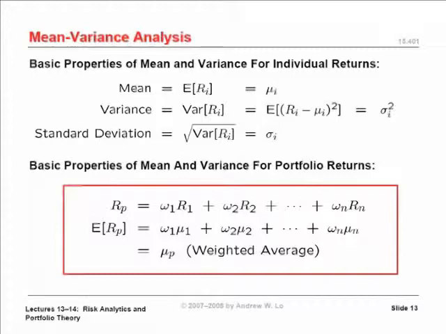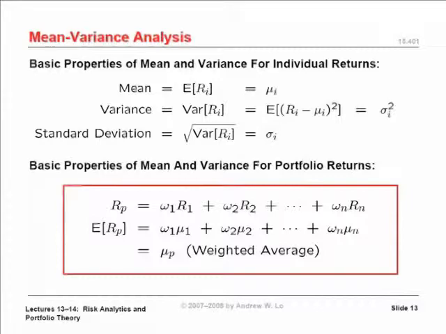So the mean of a particular stock, I'm going to write as expectation of R_i, or mu_i for short. The variance of a particular stock, I'm going to write as sigma squared i, or the standard deviation is then just sigma_i, okay?